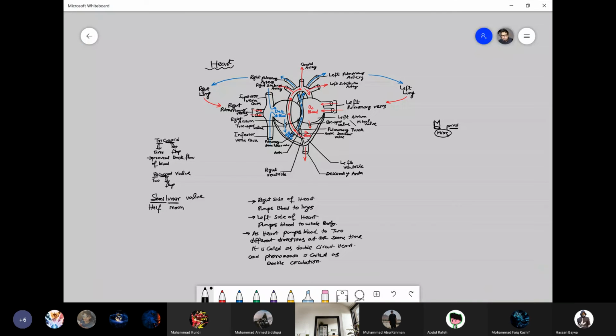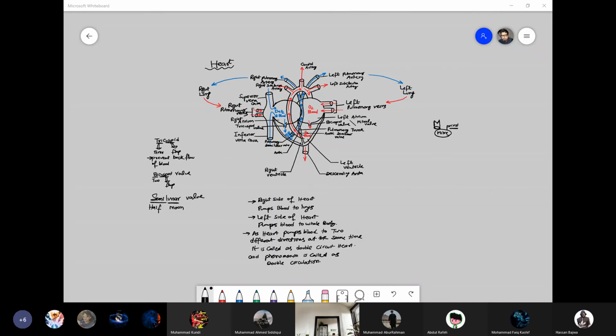I'm going to share this with you guys. So please go through this at home, because if you learn this right now, you will easily memorize it. And also read from the book.